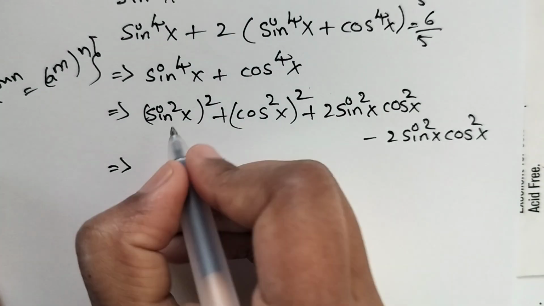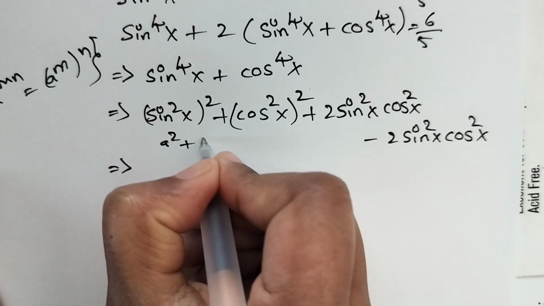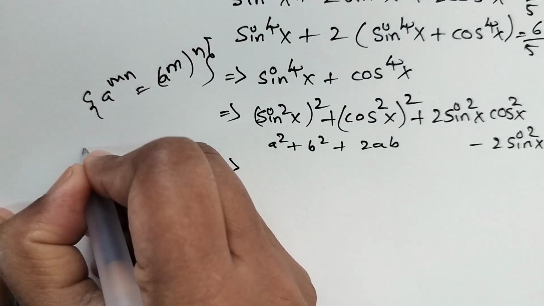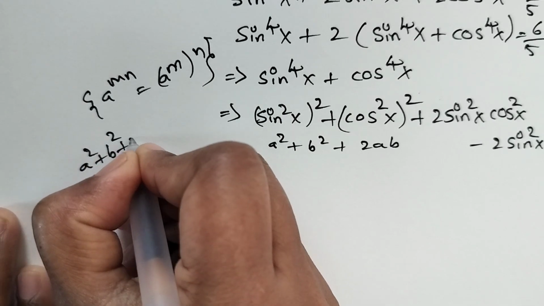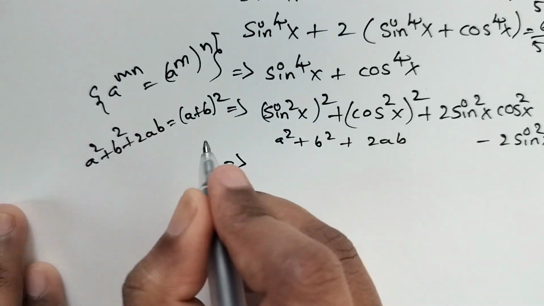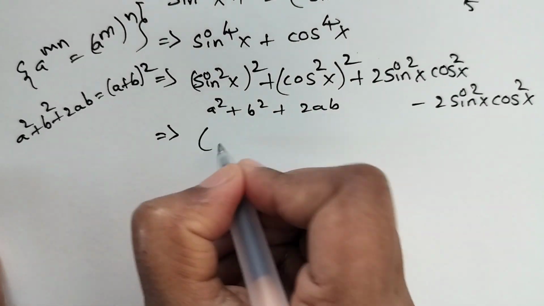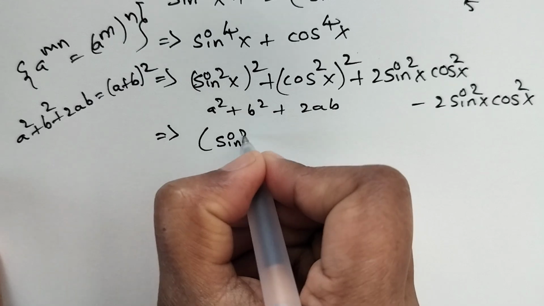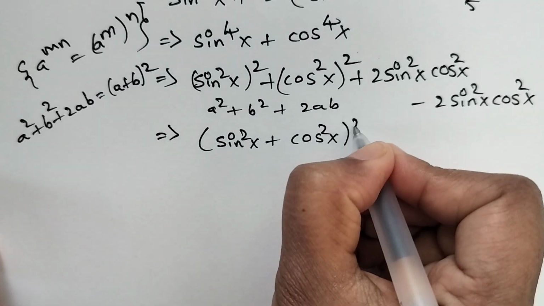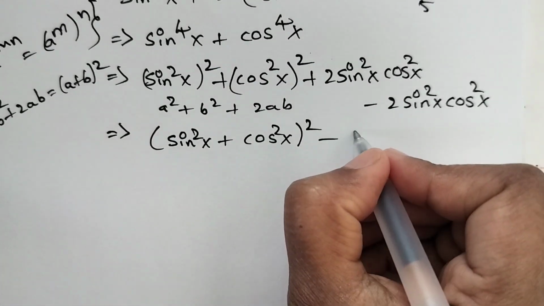Now you can see this is in the form a² + b² + 2ab. We know this formula: a² + b² + 2ab = (a + b)². So use this formula. Here a value is sin²x and b value is cos²x, and write the term 2 sin²x cos²x as it is.